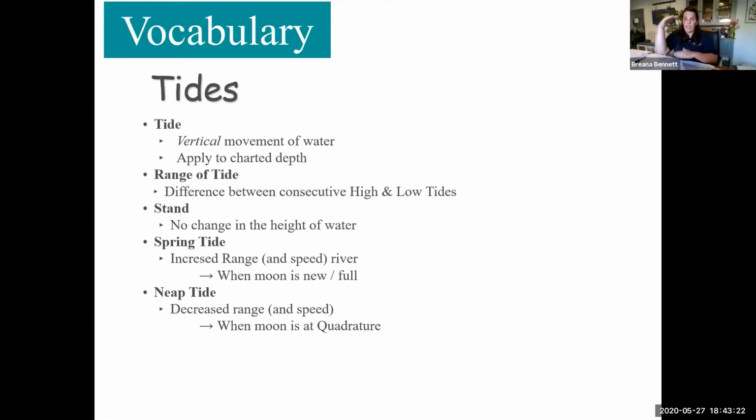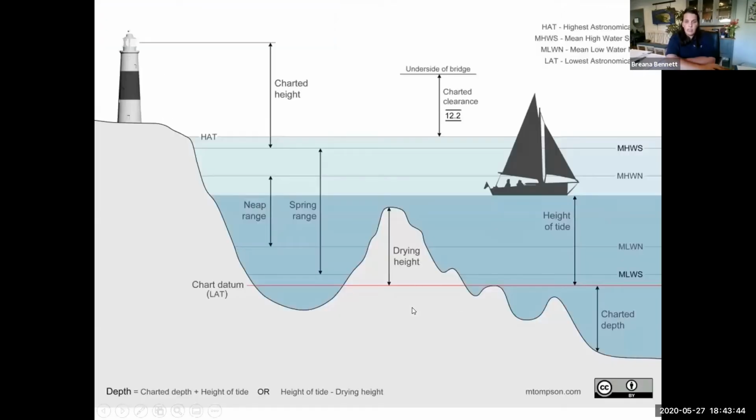So if you have your average highs and lows, they're just going to be smaller, not as high and not as low. So if you really needed a high tide or you really needed a low tide, you would have to wait for a spring tide to get that kind of bigger increase.